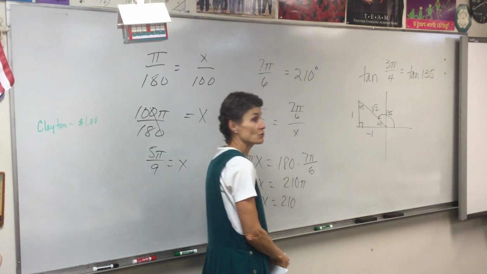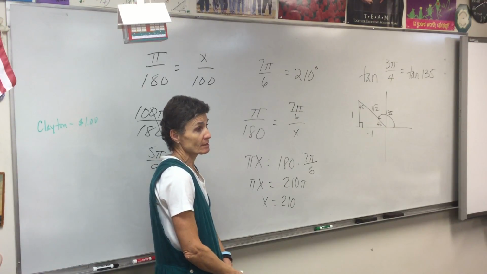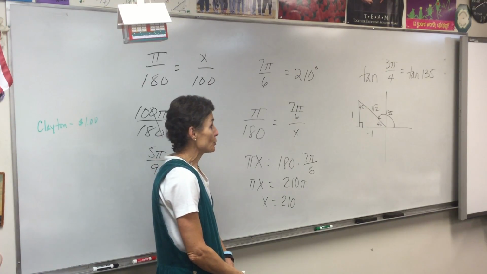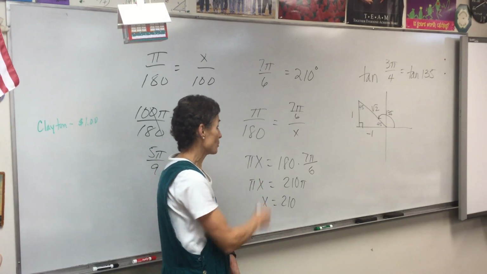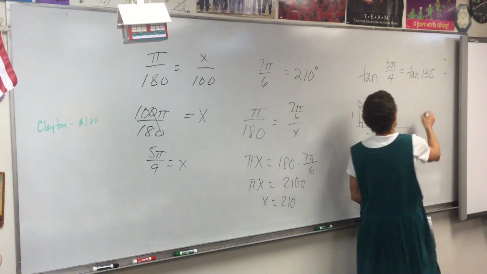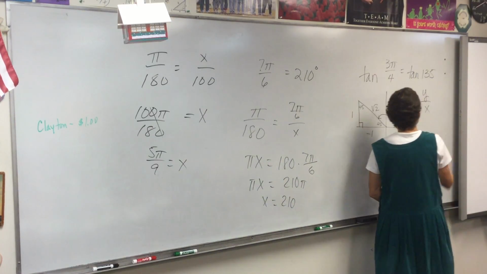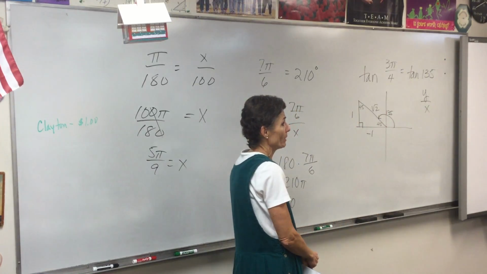All right, now we want tangent. Tangent, 2 definitions. You can do opposite over adjacent. You have a right triangle, so SOHCAHTOA works. So we can do opposite over adjacent. We could also do y over x. Remember, you need to know both definitions.